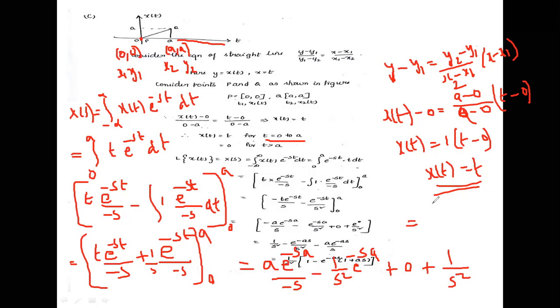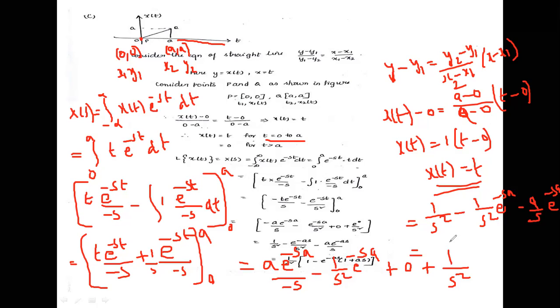Now what is the expression we got? 1 by s square minus 1 by s square into e power minus sa, and minus a by s e power minus sa. The final answer we got is 1 by s square, 1 by s square into e power minus sa, minus a by s.